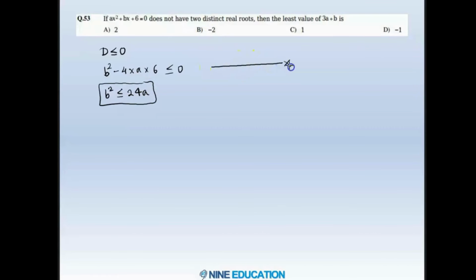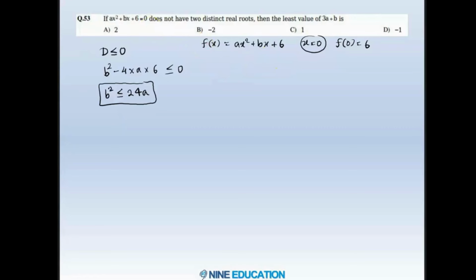So this is the x-axis and the graph of this function. If you take the function f(x) = ax² + bx + 6 and put x = 0, you can observe that you will be getting f(0) = 6, which means we are getting a positive answer.